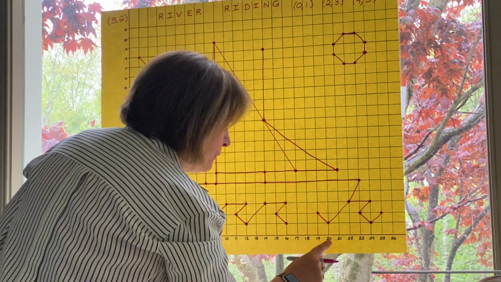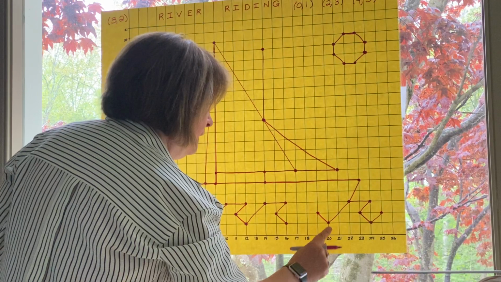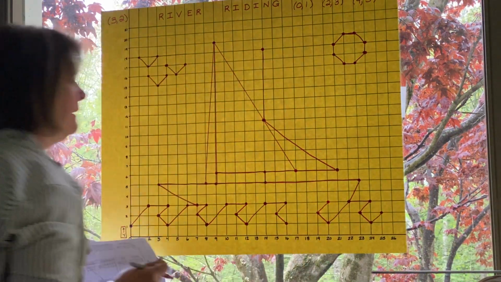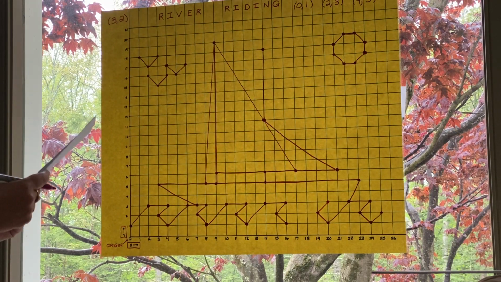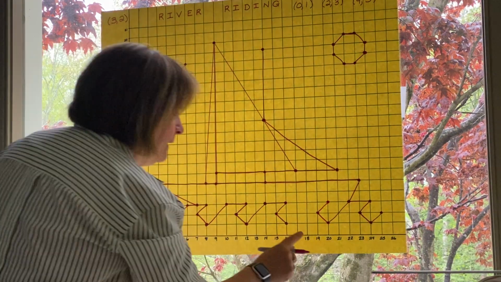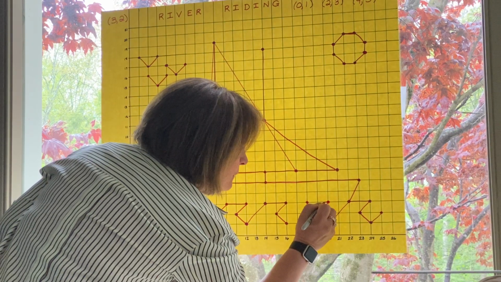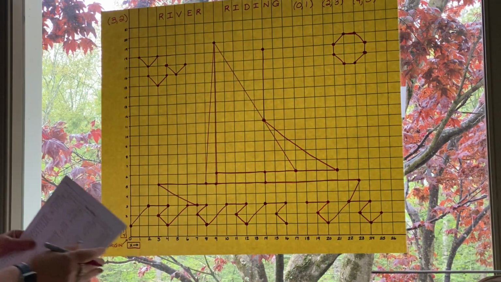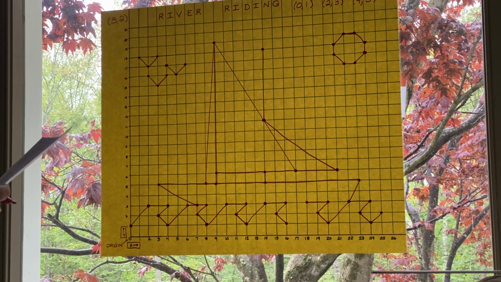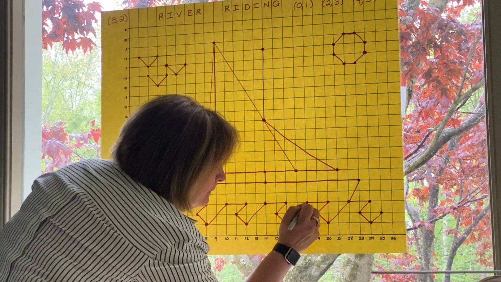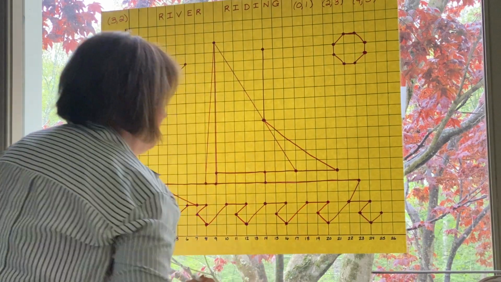So over 20, up 3, which would be here. And we would connect this dot. And 18, 3, 18, 1, 2, 3, and connect these two. And 16, 1. So right back down to here.